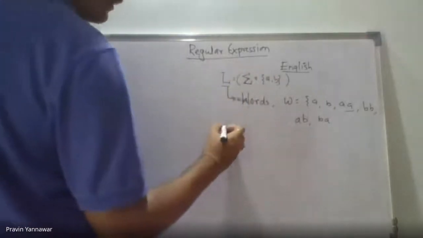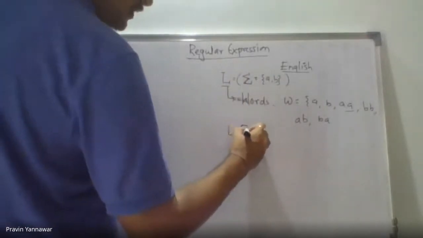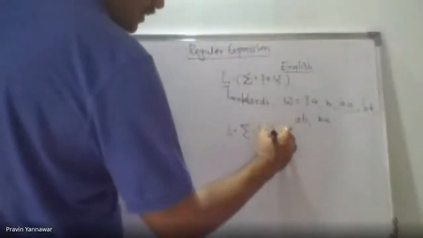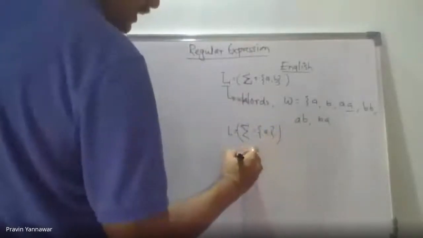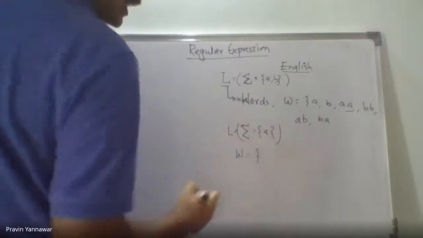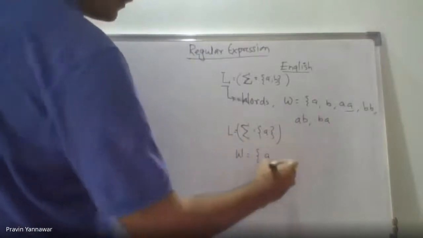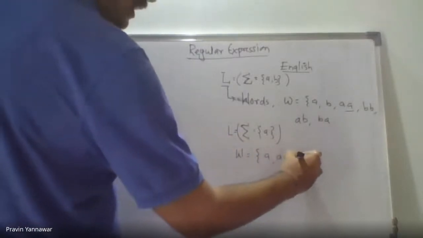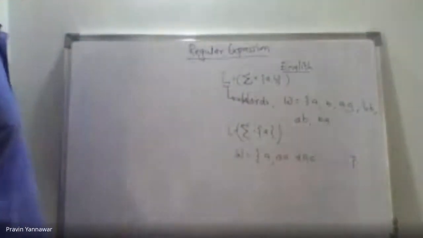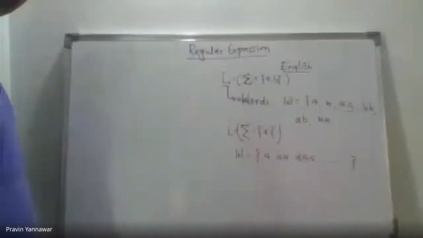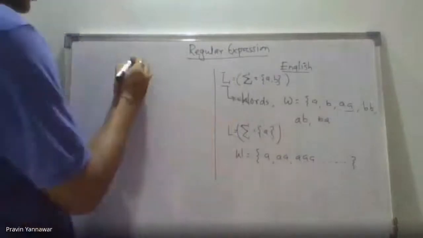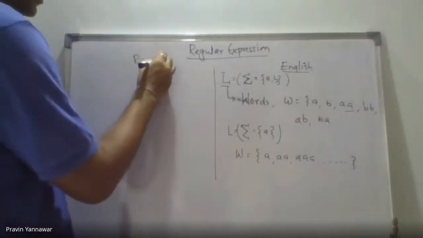If you have a language L based on the set of alphabet sigma, then the words produced for this language will be A only, B only, or any combinations of them, not any other letter. Getting me? So to represent such a mechanism, we need to use a regular expression.